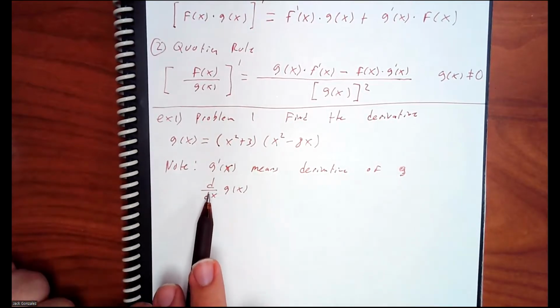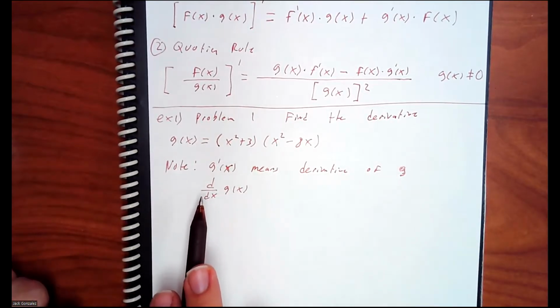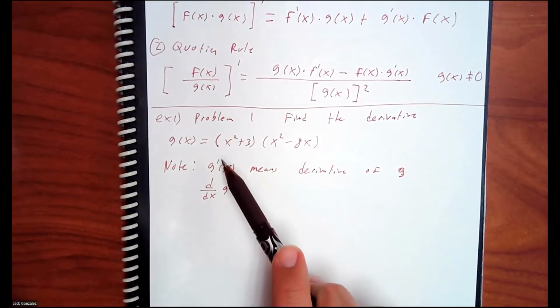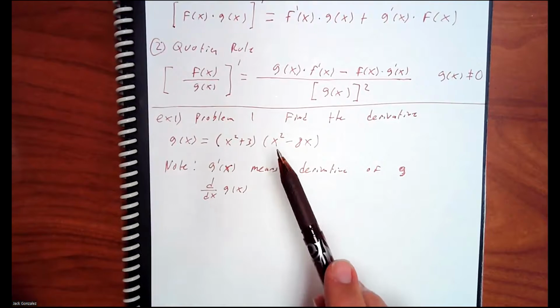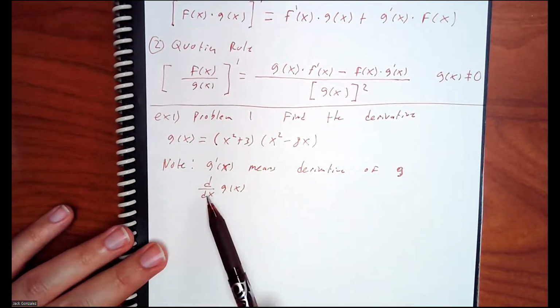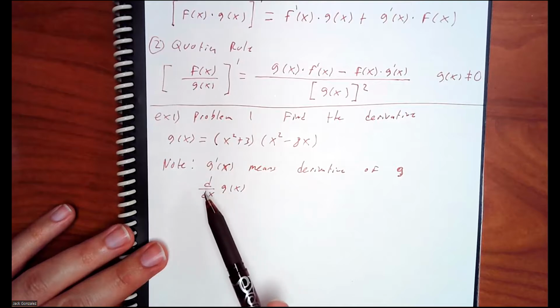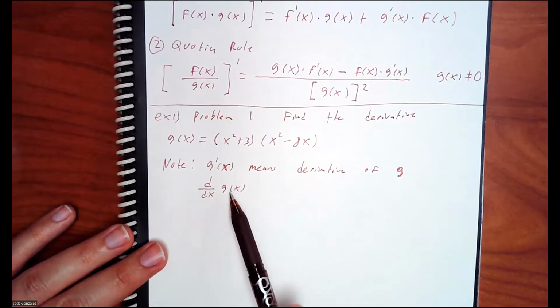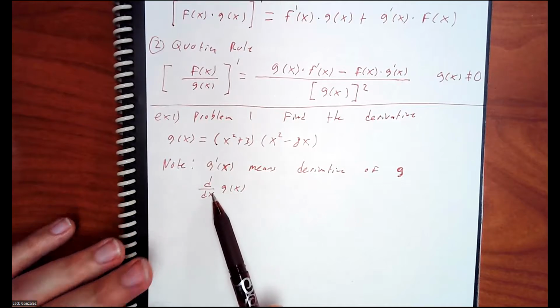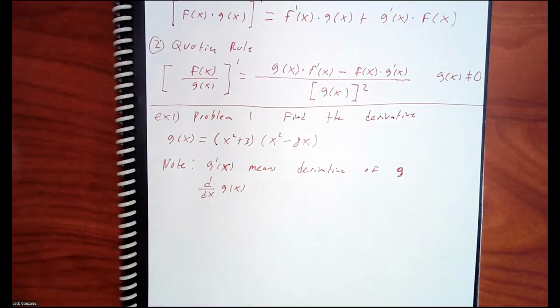If you see the notation d dx, it's the same thing as g prime, but it's a little more specific. This is actually a preferred notation. When you get higher into mathematics, this makes more sense. But when we're first learning the derivative, the prime is a little easier to manage, so I'll probably use a prime most of the time in this class. But I need you to know what this means. d dx of g means the derivative of g with respect to x, meaning I'm taking derivatives with respect to the x variable.